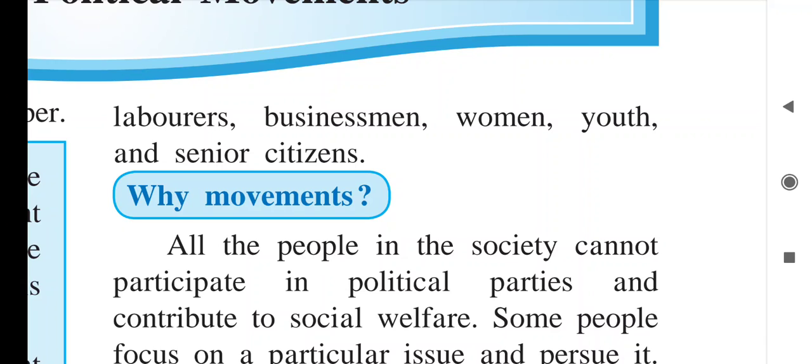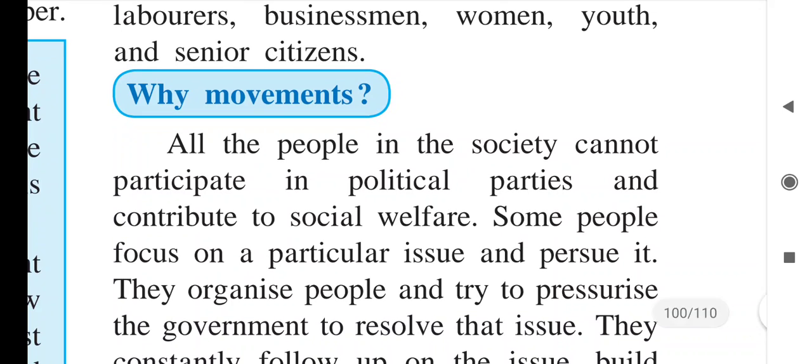For example, farmers' problems should be solved first, then laborers, businessmen, women, youth, and senior citizens; all these problems the political party has to solve. Now, why movements? So we have seen that movements are taking place, but why, that we will study.